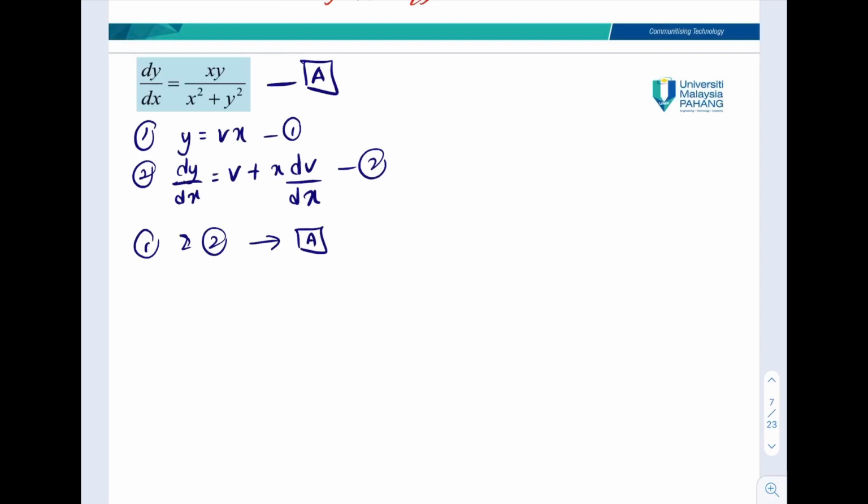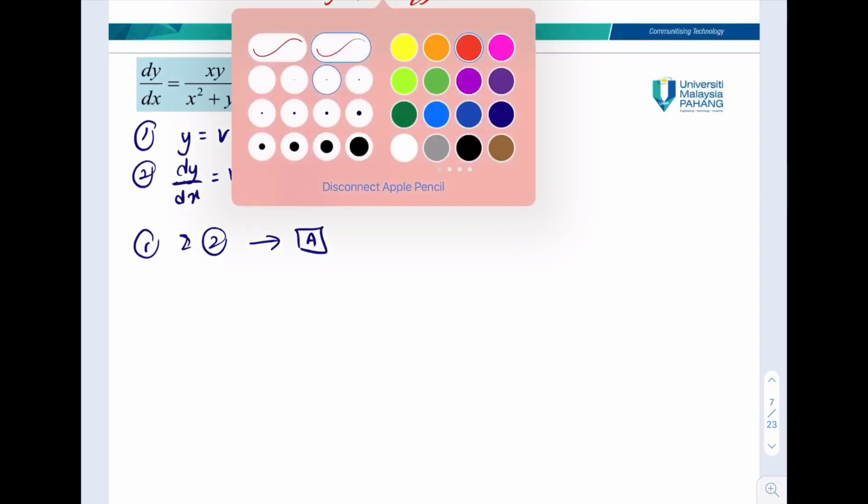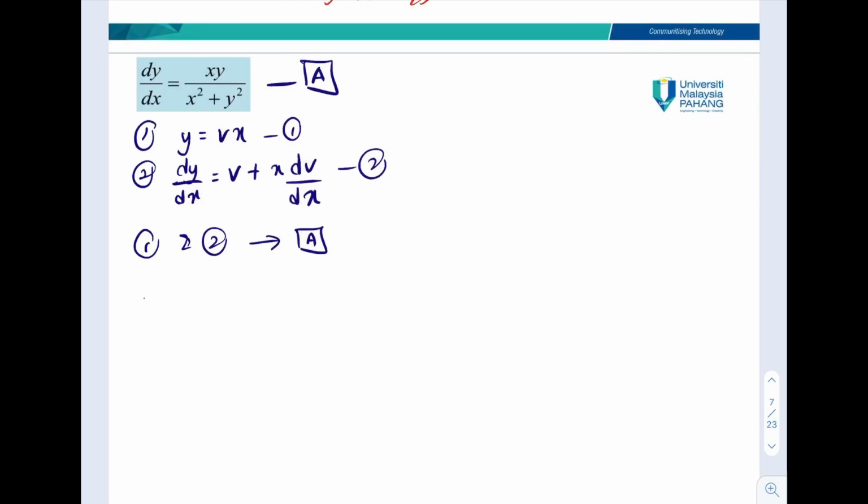If you see over here, dy/dx, we will replace by equation number 2. So we will have v plus x dv/dx equals, and then y becomes vx, and x squared will remain, plus y squared becomes (vx) squared.